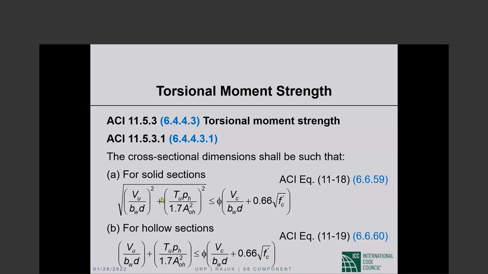If it is a hollow section rather than a solid section, we take the sum instead of the square root of the sum of the squares. The sum of the shear stress and the torsional stress shall be less than or equal to phi times the same expression on the right-hand side.